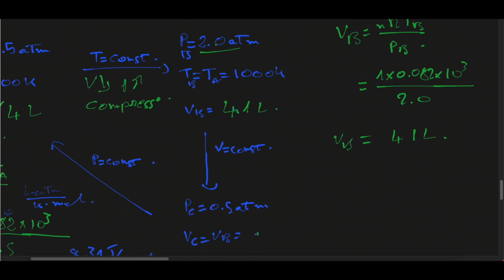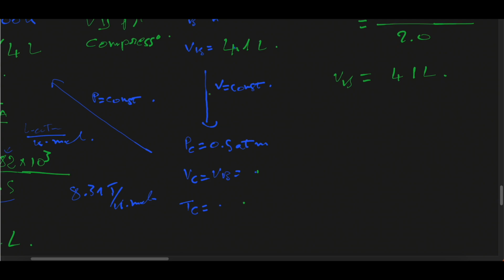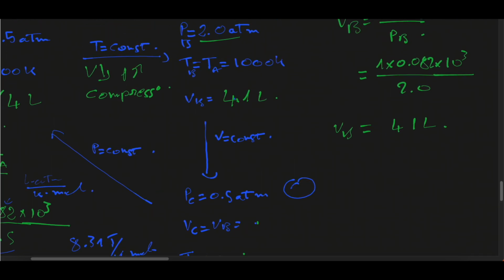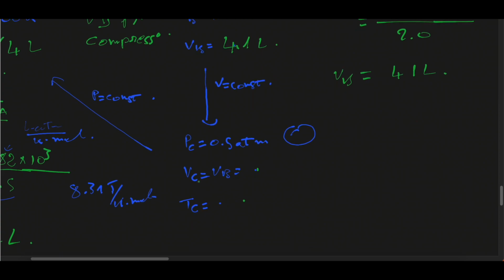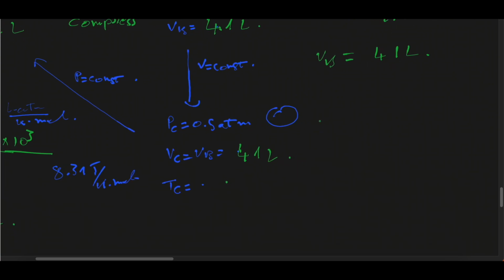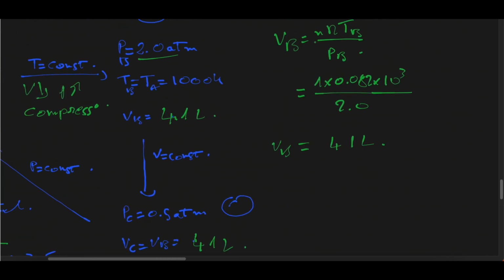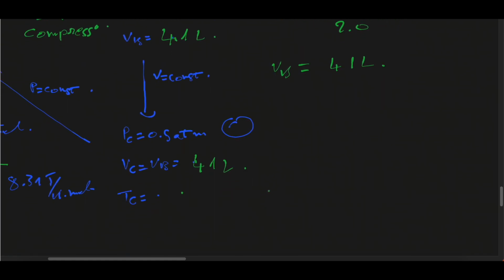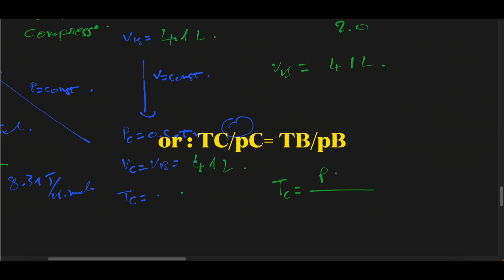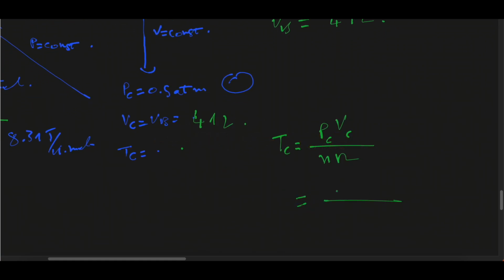Now, because from state B to state C it is an isochoric change, the volume in state C is equal to 41 liters, and the temperature will be determined through the perfect gas equation. So the temperature in state C is equal to the pressure times the volume in state C over n times R. So we replace each variable.